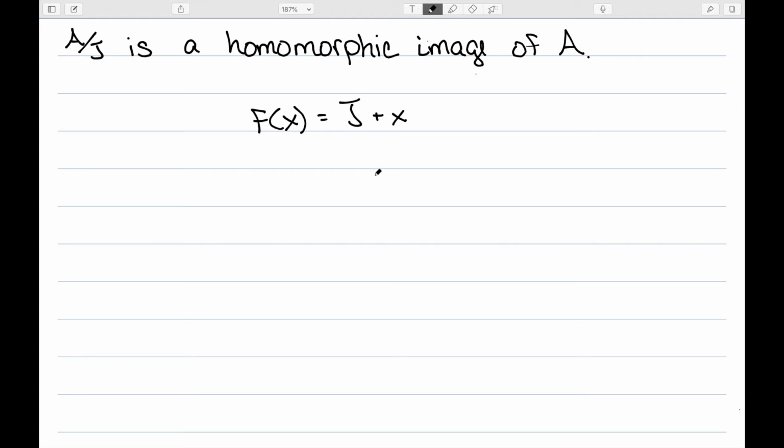So let's look at some examples of these quotient rings. Let's start by looking at the quotient ring Z mod the subgroup generated by 4. Let's start with the subgroup generated by 4 plus 0.